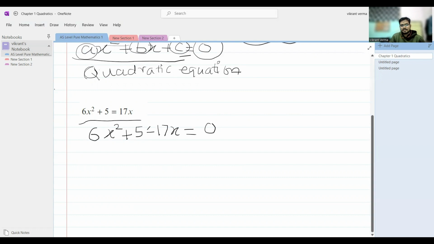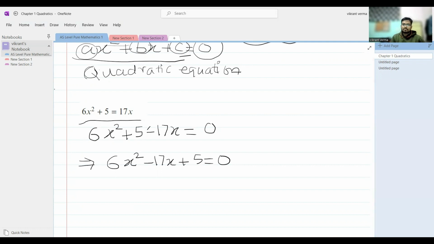Again we will rearrange. Right now we have three terms here, so we will rearrange so that after the x square term we should have the x term like this. So we will write it 6x square, then minus 17x, then plus 5 is equal to 0. So this is the second step.